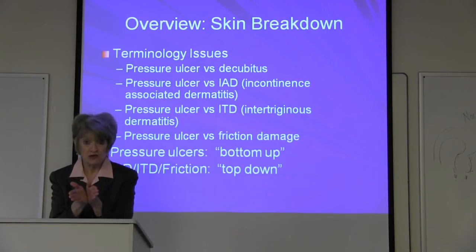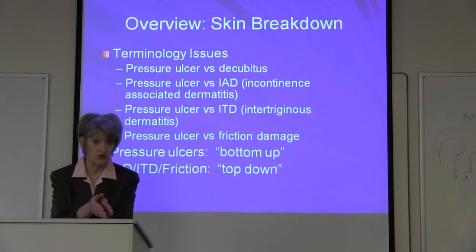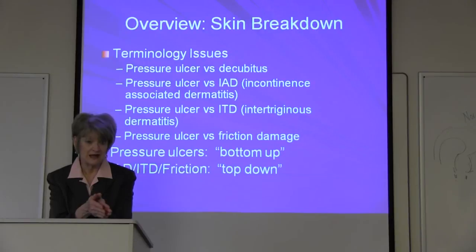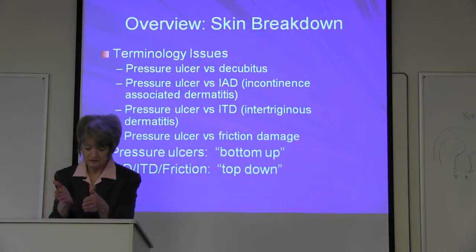What I want you to realize is that what you call wounds matters. First of all, it matters because the way you label a wound should designate the pathology. And in designating the pathology, you also lay the groundwork or the pathway for preventive care and appropriate interventions.